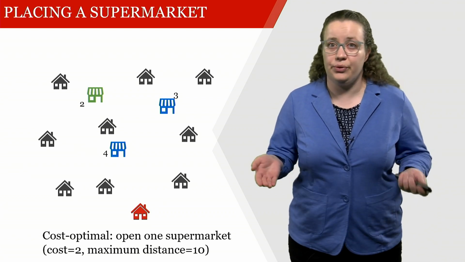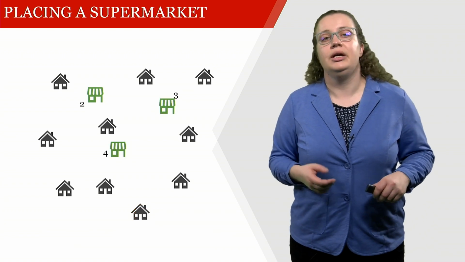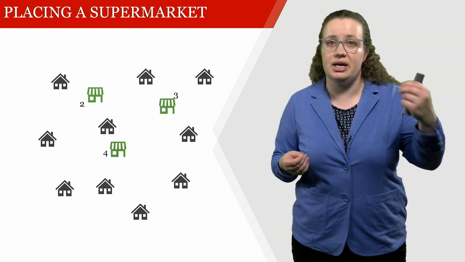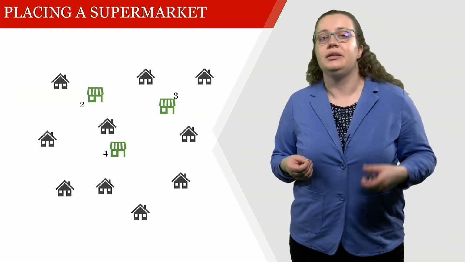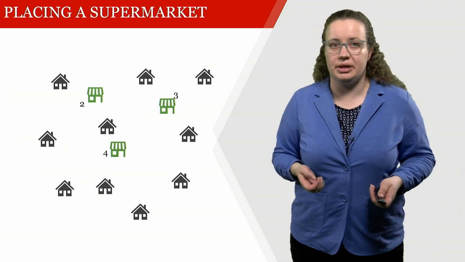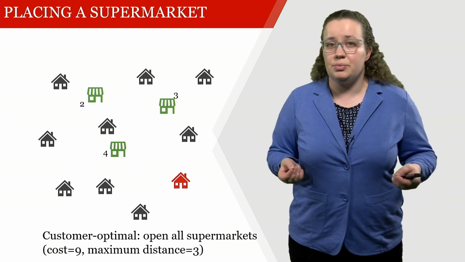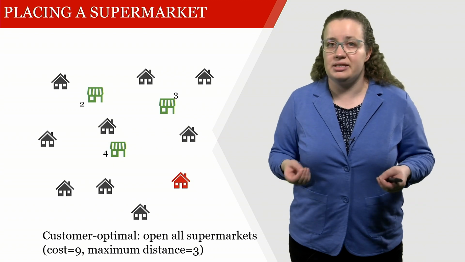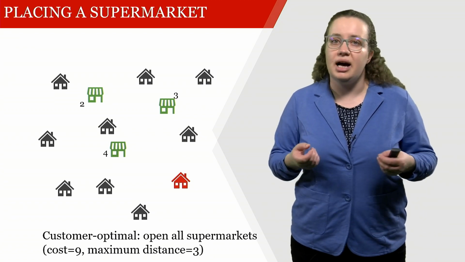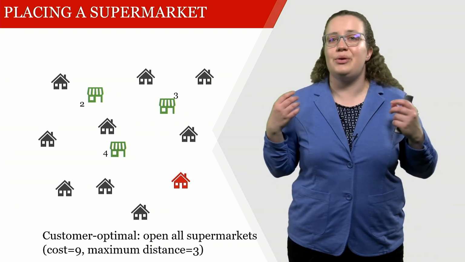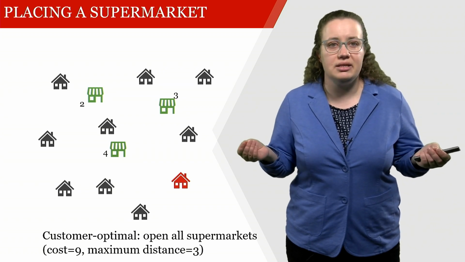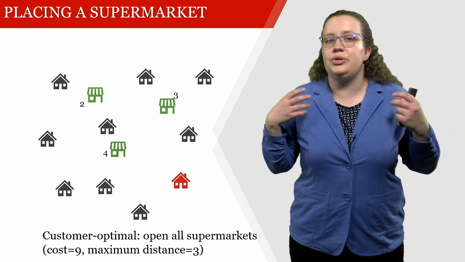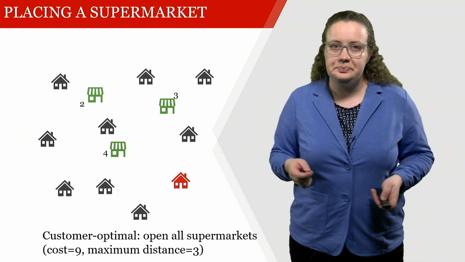If we now look into the other direction, so if we want to minimize the distance for the customer that is furthest away, then we obviously open all supermarkets, which gives us the customer optimal solution, which has a lot smaller maximum distance, but a lot higher cost. So we now saw 2 very extremal cases, one with a cost of 2, one with a cost of 9, and also very different distances.